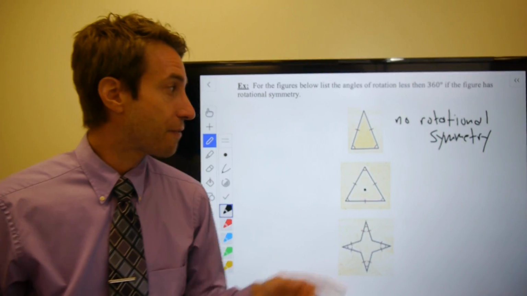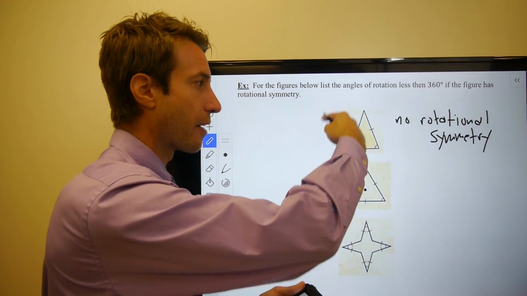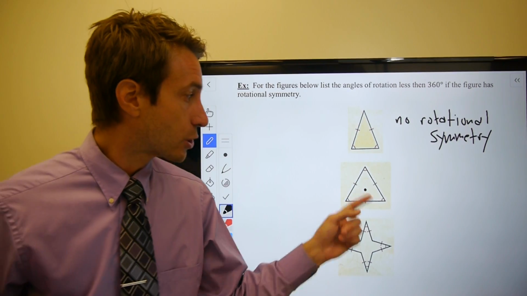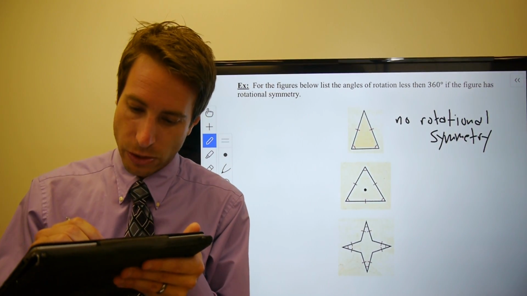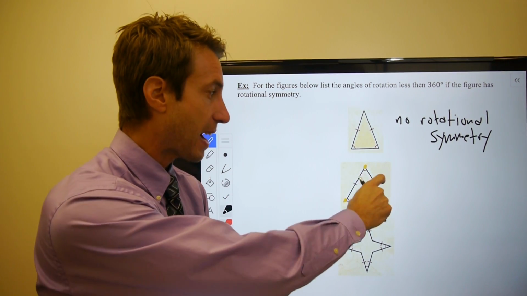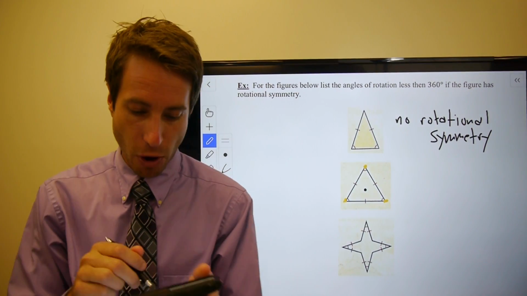Right? The only way for this pre-image to then become the image is to go around a full 360 degrees. That doesn't count. But the next one, right? Please notice that this is an equilateral triangle, which means 1, 2, 3 points, right? If I just rotate that guy 3 times, it maps itself onto itself.